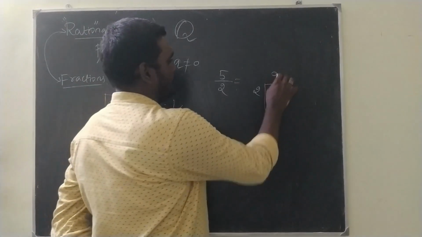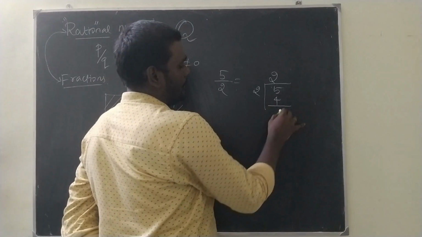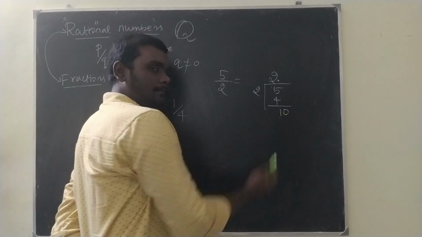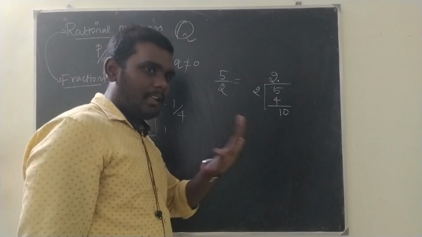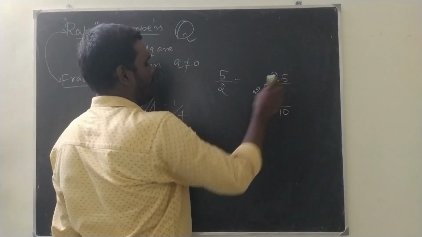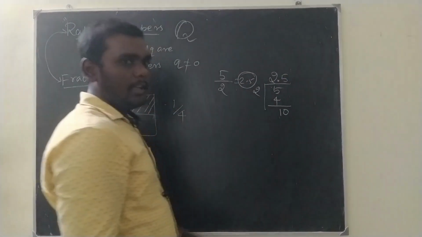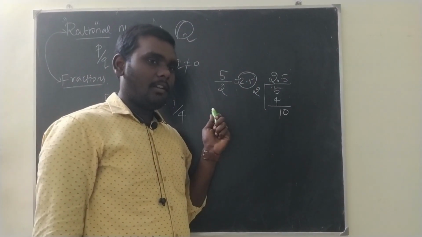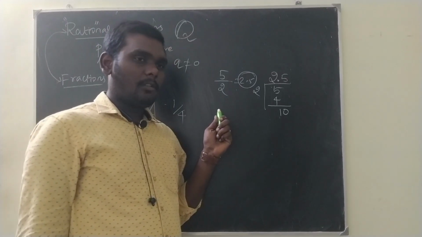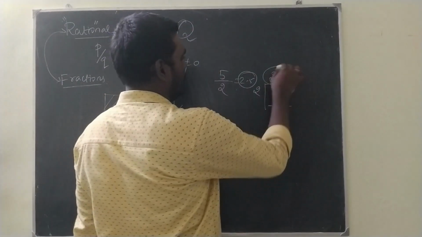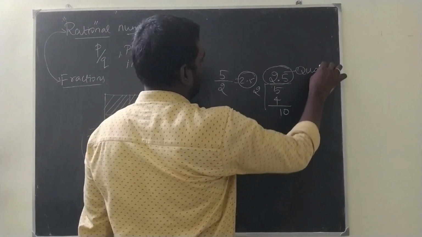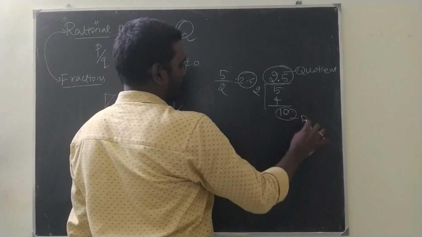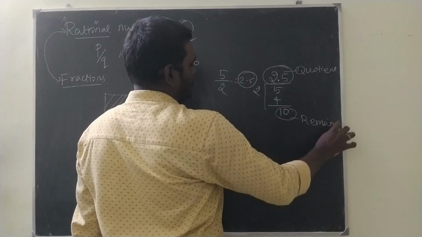2 times 2 is 4, remainder 1. Then 10, and 5 by 2 is 2.5. The whole value is 2.5. We are denoting the quotient of the division. See, this part over there is called the quotient, and this part is called the remainder.